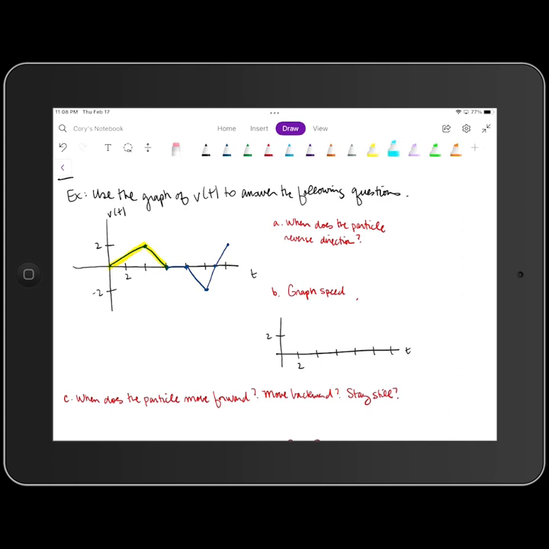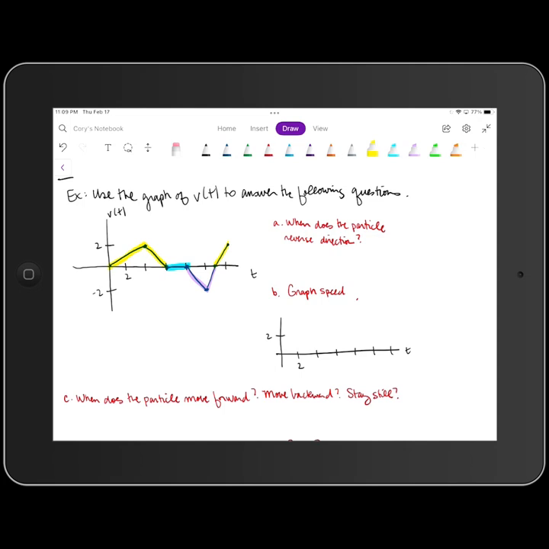Velocity is 0 on this highlighted interval in light blue. So that means the particle is at rest at that point. Velocity is negative on this interval here in purple. So that means our particle is moving backward. And then velocity is positive once again on this interval in yellow, which means we are moving forward.